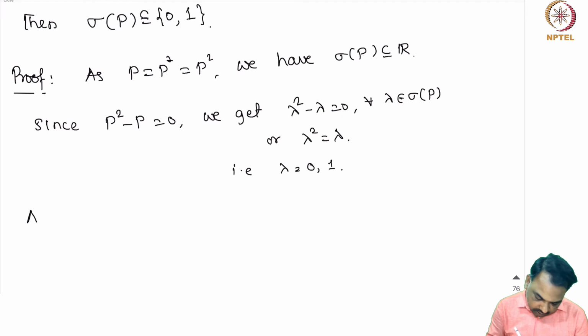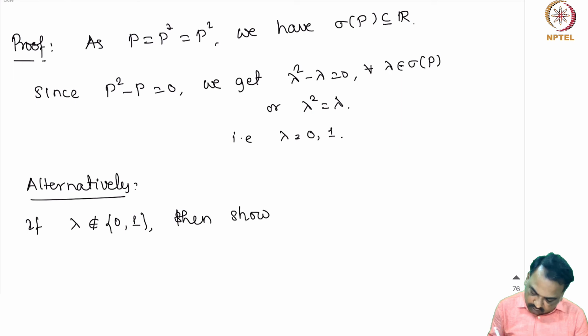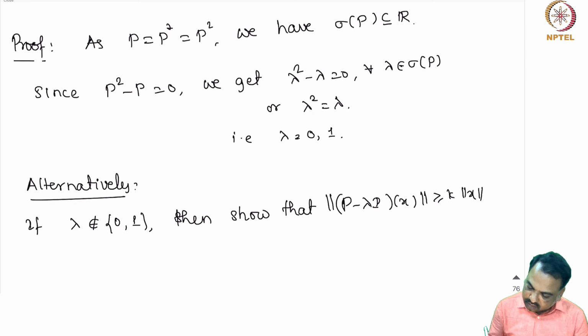So alternatively, if lambda is not inside this set, then show that norm of (P minus lambda I) at x is at least k times norm x for every x in H.